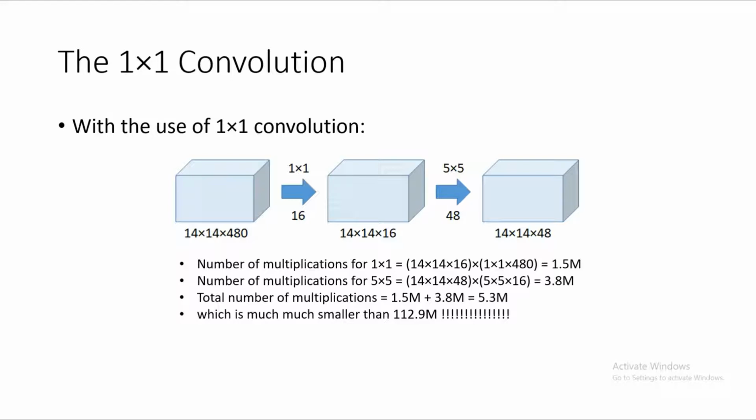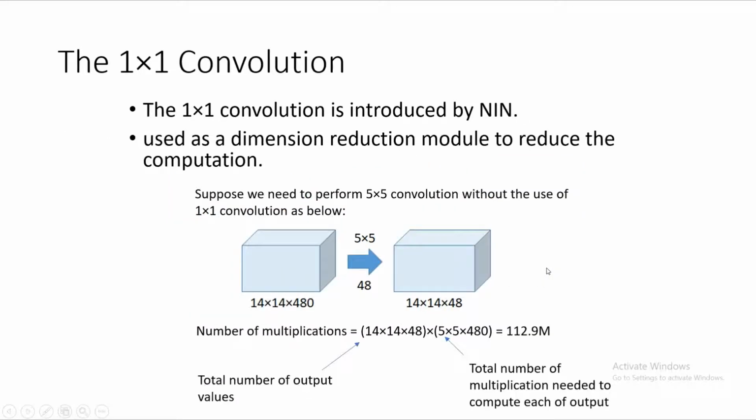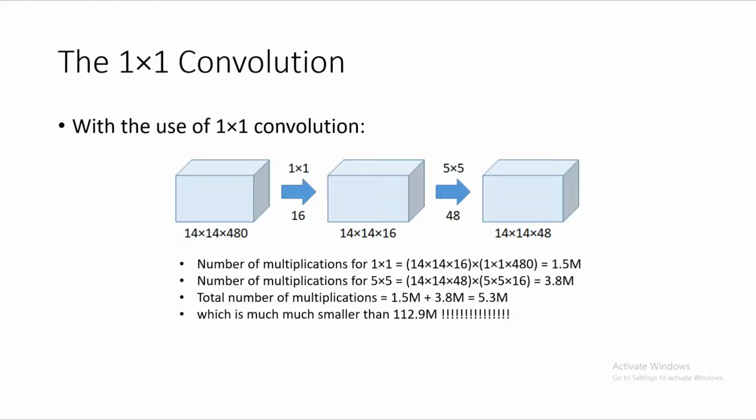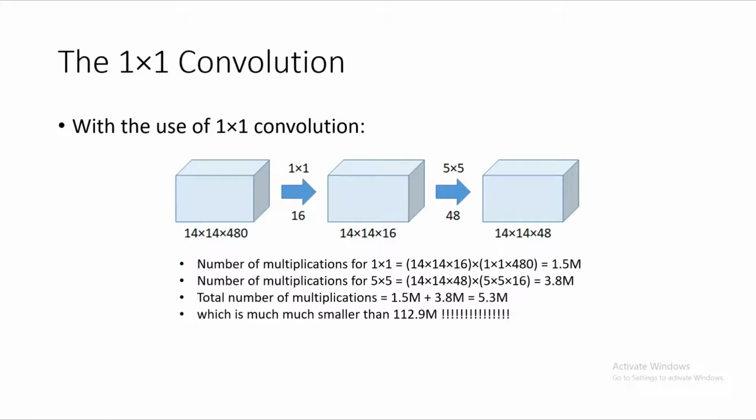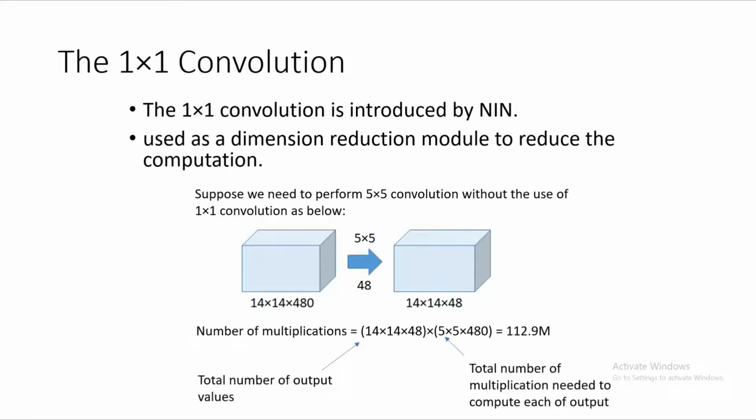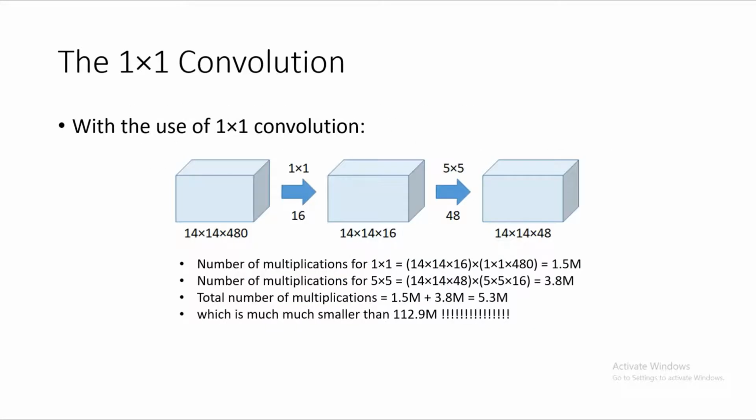In the first step, the total number of multiplications for 1 by 1 is 14 by 14 by 16, into 1 by 1 into 480, which is equal to 1.5 million. The first part, 14 by 14 by 16, is the total number of output values, and 1 by 1 by 480 is the number of multiplications needed to compute each output.